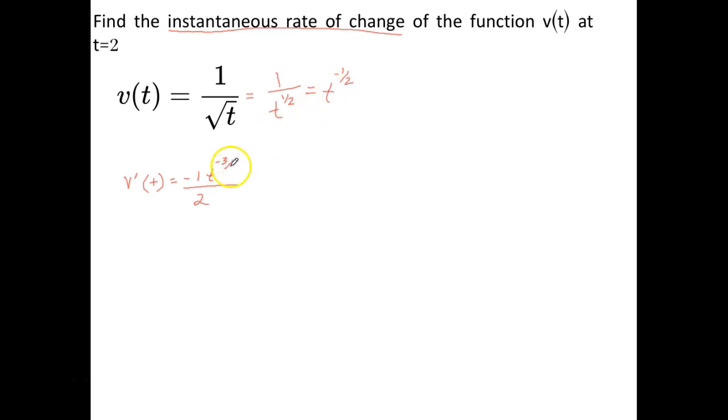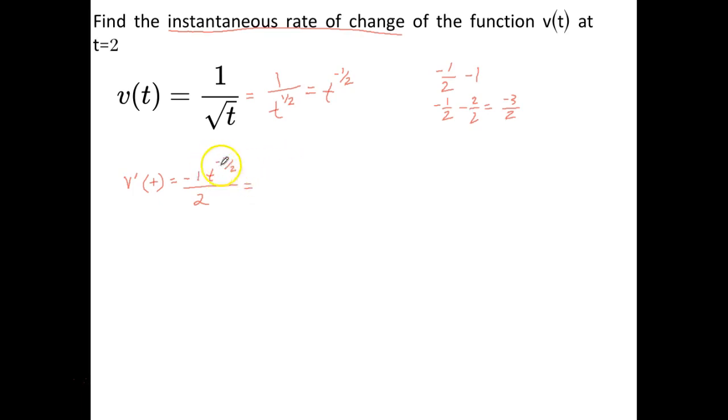Keep the denominator 2. Now if you're not using my shortcut, we're doing negative half minus 1. That's the exponent minus 1. Well, we need to find a common denominator. Negative 1 minus 2, negative 3 over 2. And that's what your new exponent is.